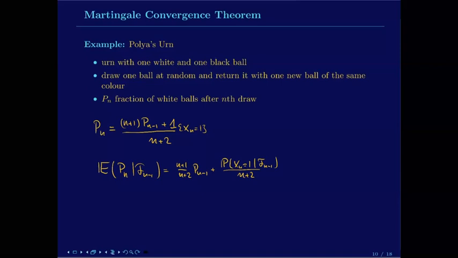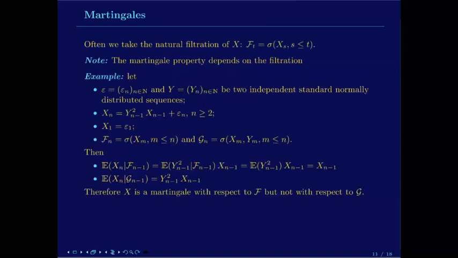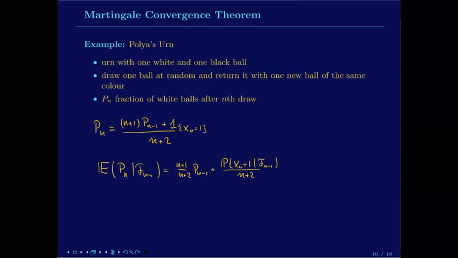So we have here Pn minus 1 divided by n plus 2, and in total we get n plus 2 over n plus 2 times Pn minus 1, which is Pn minus 1, which establishes the martingale property.